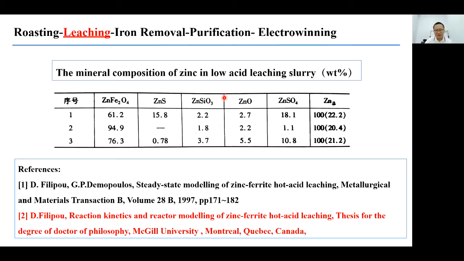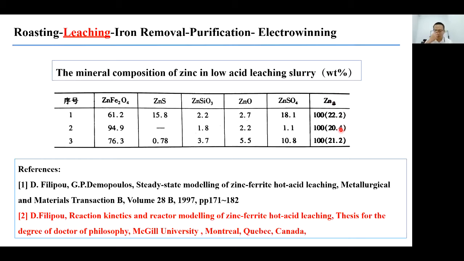Okay, so we know the behavior of different elements in the leaching stage, and look at the mineral composition of the low acid leaching or natural leaching. We can find out that the total zinc concentration in the leaching slurry is around 20% or more than 20%.